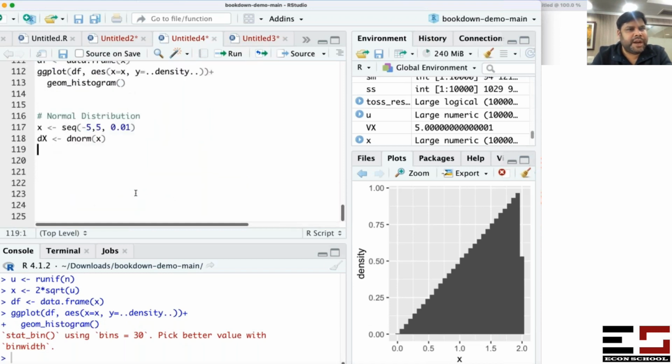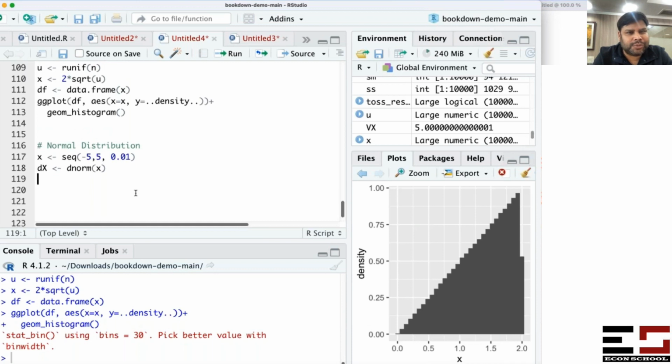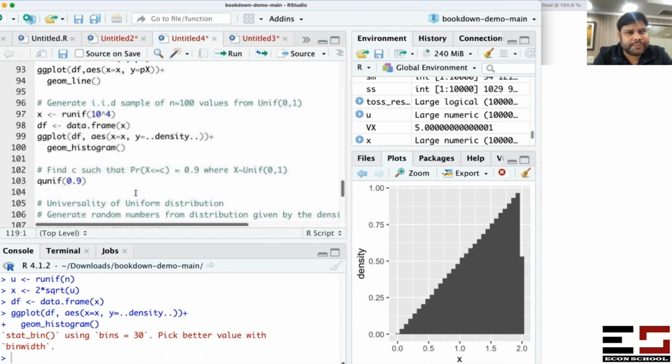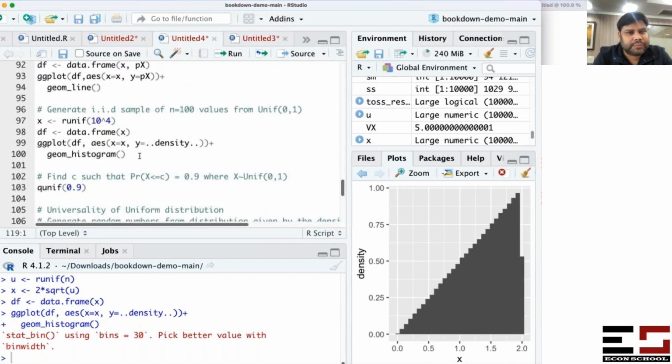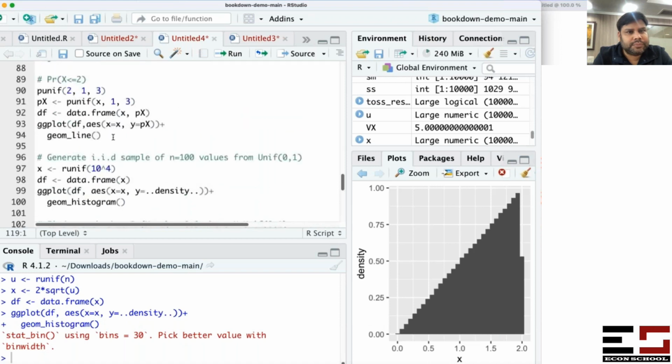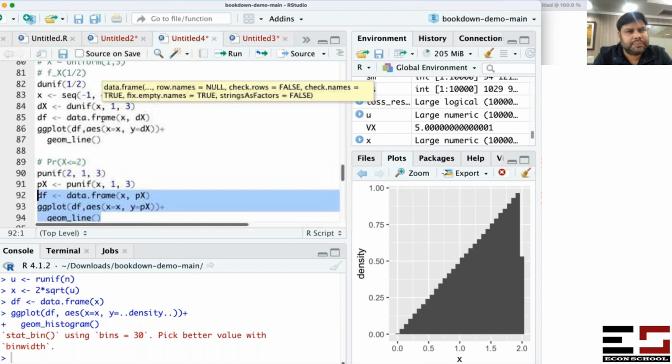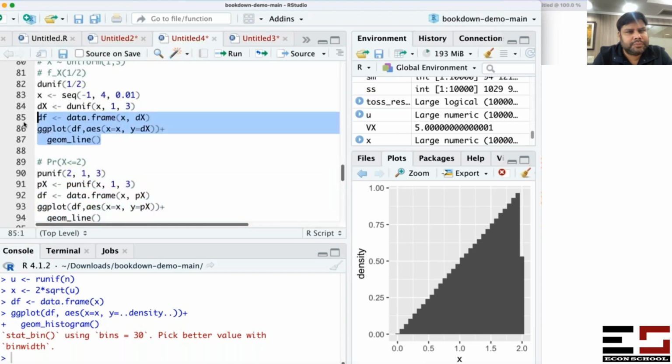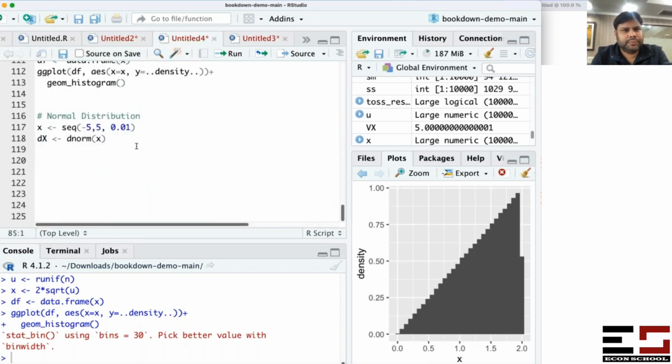Okay, and now let's do the ggplot. I think it's the same kind of code, so let me just copy from the top. Can you see this?